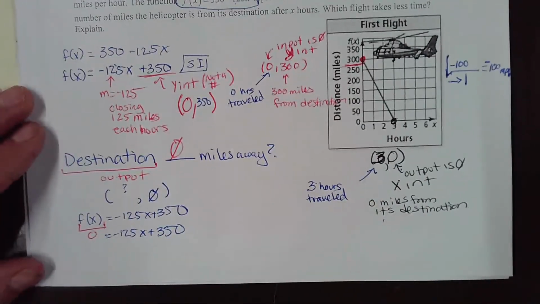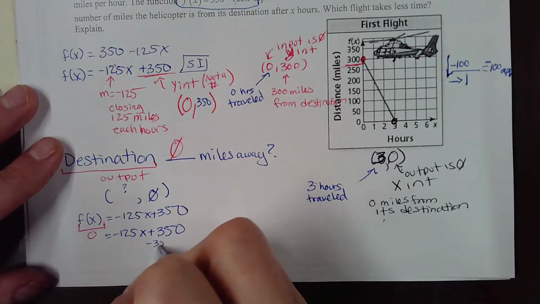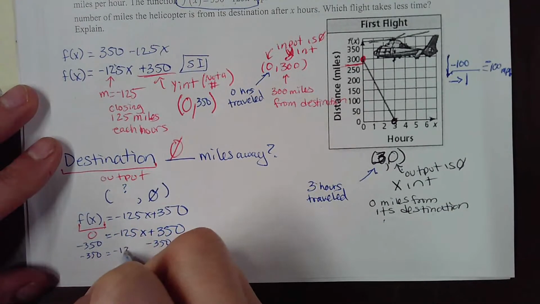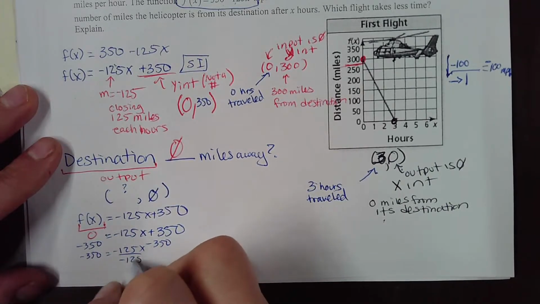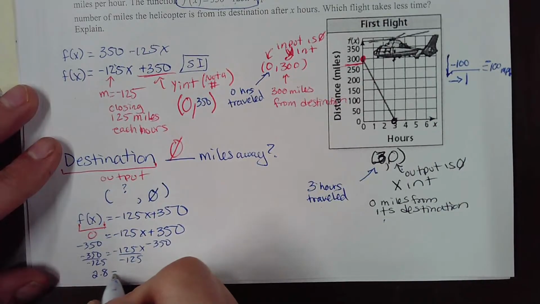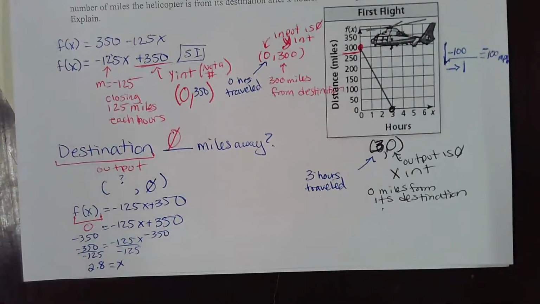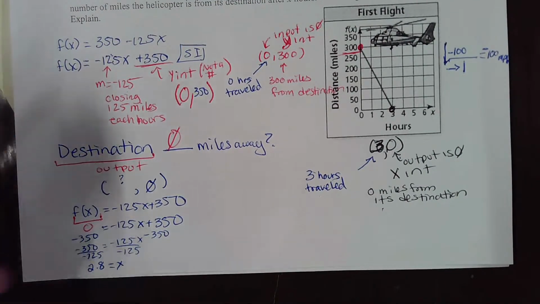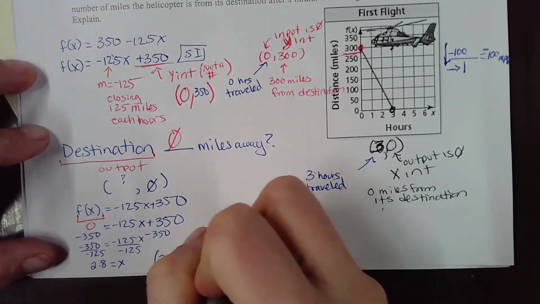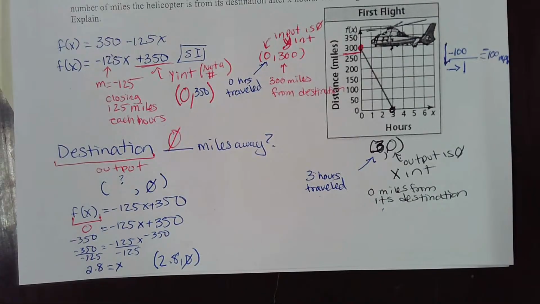Take a second, solve this out. All right. So we get the coordinate 2.8, 0. If it's a story problem, though, we have to answer very specifically. A story problem is a function on its own.